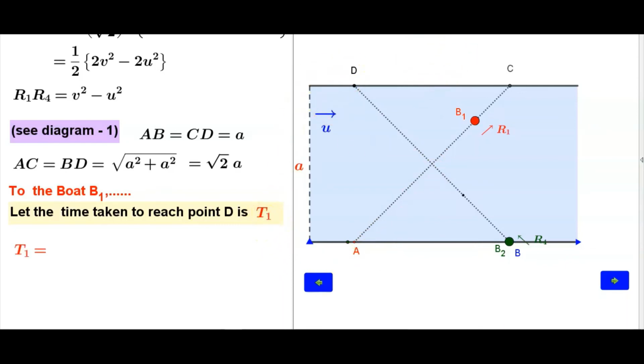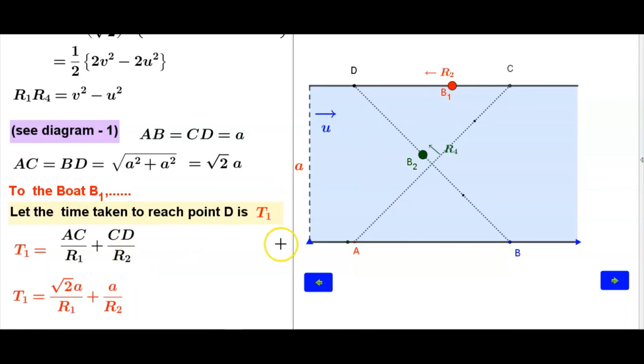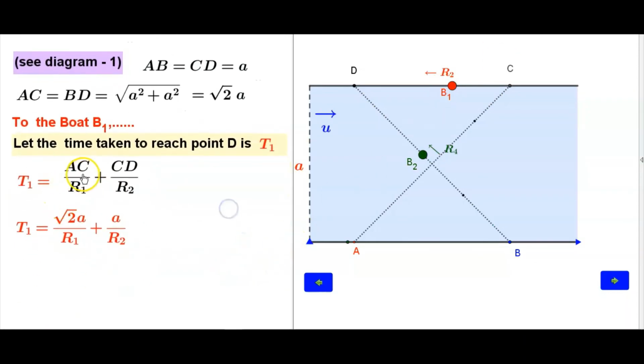Therefore, T1 is equal to distance over velocity: AC over R1 plus CD over R2. AC we know is root 2A over R1, plus CD we know is A over R2.